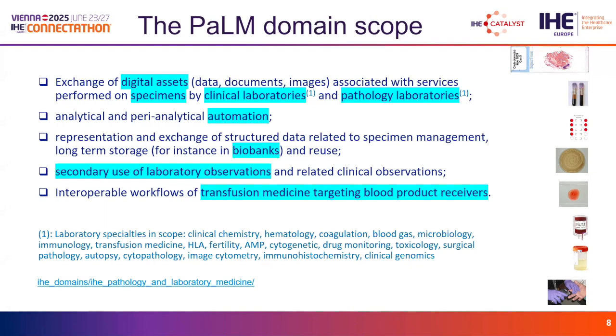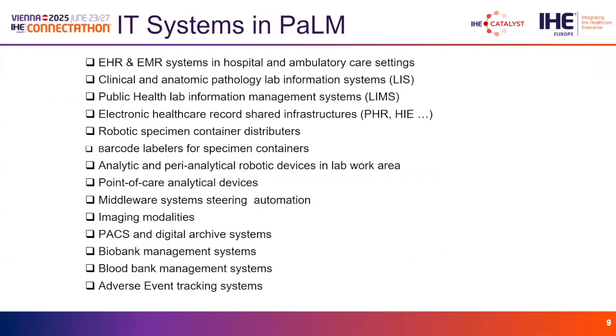It includes biobanking, as well as the secondary use of laboratory observations, for example, for public health reporting or in research, as well as blood transfusion. So these are some of the IT systems that you see in the pathology and laboratory domain. So hopefully you can find yourself in some of them.